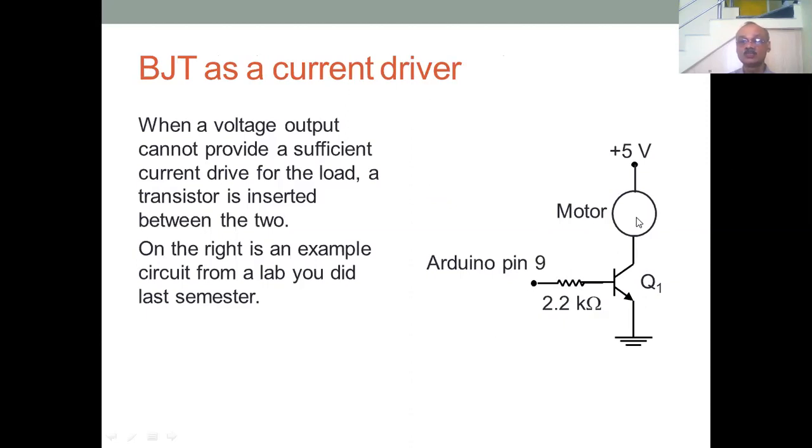The reason was that the motor requires a current that is much higher than what the Arduino chip can provide at its output pin. And so to make sure that the motor gets enough current, you put a current driver, which is nothing but a bipolar transistor. So this is an important application of transistors as a current driver.